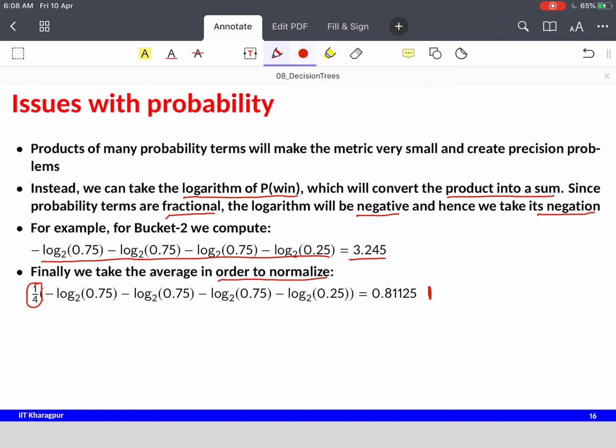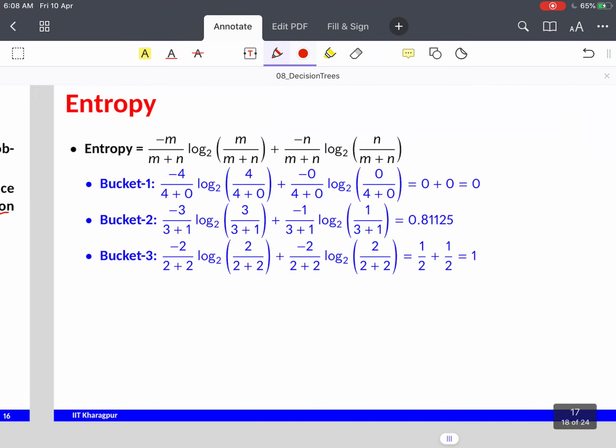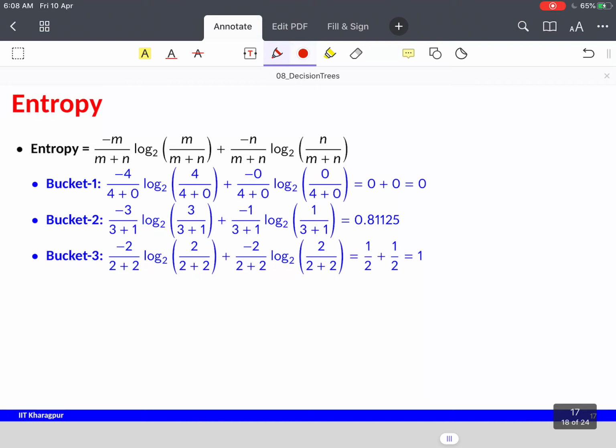The point to note here is that for bucket 1 the probability is 1, so the entropy will be 0. For bucket 2 its entropy will be more. In order to make a concrete expression, the entropy will be estimated with an expression something like this, where m you can think of as the number of positive examples, and n is the number of negative examples that we have in the observations.